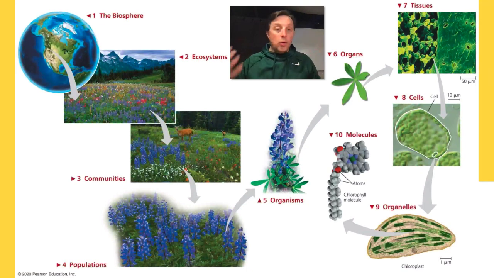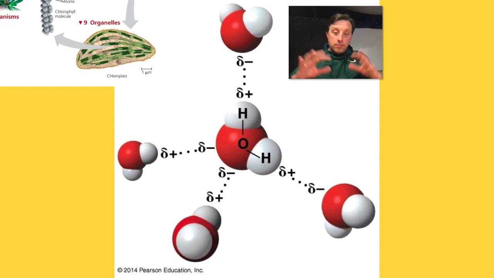Okay, and water has a few very important emergent properties that are very important for life as we know it. And again, I'm showing this picture again. All of these emergent properties are due to these hydrogen bonds and due to the polar nature of this covalent bond found in the water molecule.